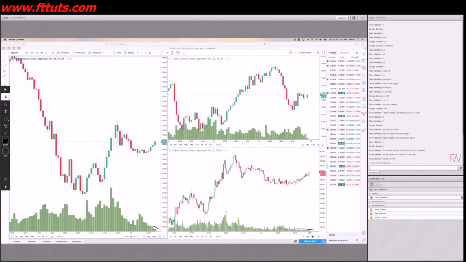Losing volume. Is that because we're in a pullback mode? The answer is yes and no. Yes, because we're in a pullback mode. No, because the volume can also be tricking you, because right now there's no activity in the market.